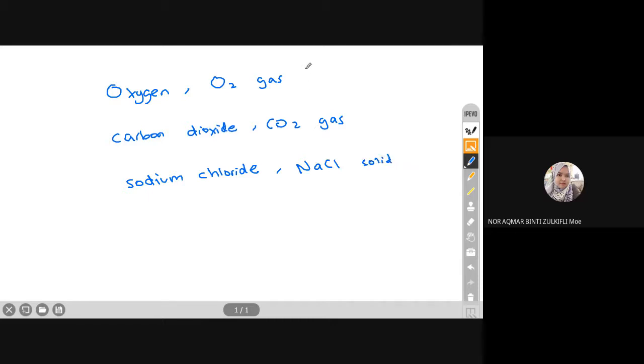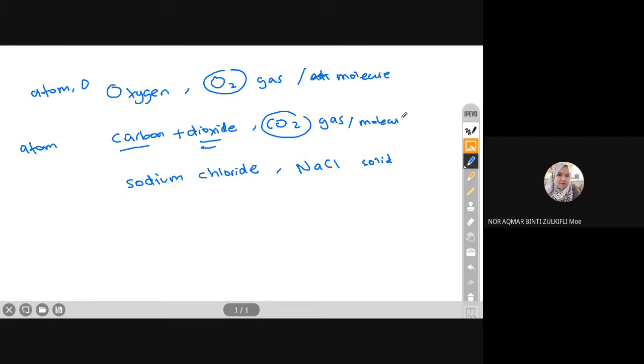This one is a molecule, because it is already O2, oxygen combined as 2. If just one oxygen, it is an atom. If just O, it is an atom. For carbon dioxide, the atoms are carbon and oxygen, but when they combine together, it is a molecule.